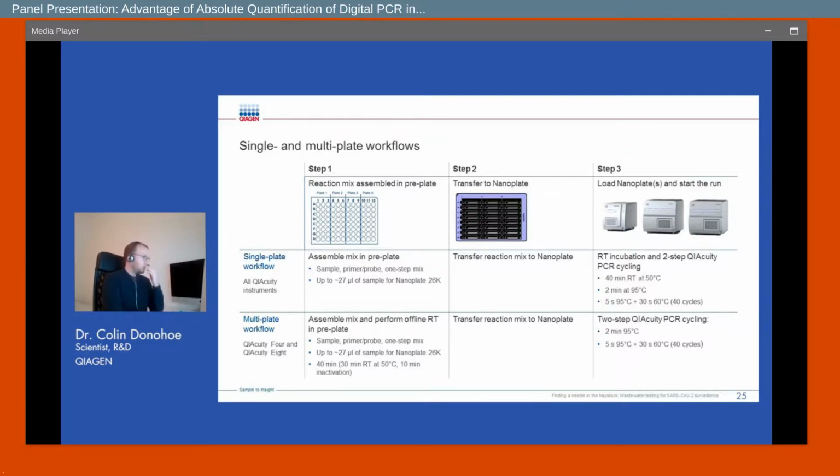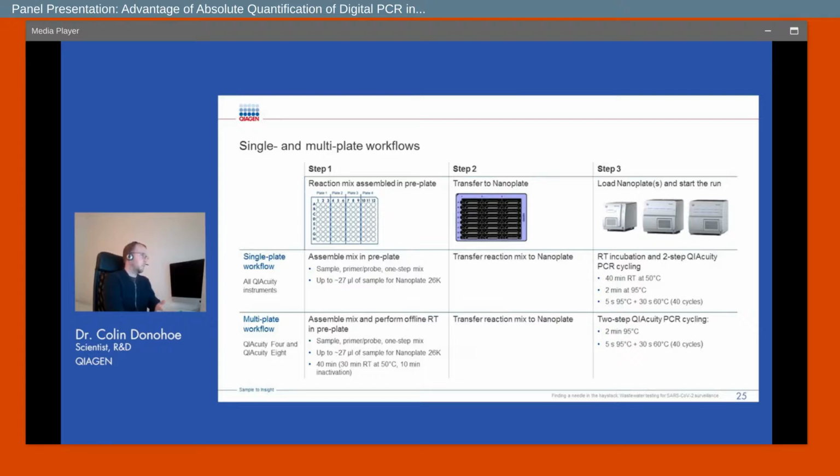Now, for users interested in processing multiple plates in parallel using the QIAcuity 4 and 8 instruments, we came up with a dedicated multi-plate workflow, owing to the fact that reverse transcriptases are not meant to be sitting around for the length of time that it would require if one were to load a full QIAcuity 8-plate or 4-plate instrument and wait up to hours until the reverse transcription step in the cycling program took place.